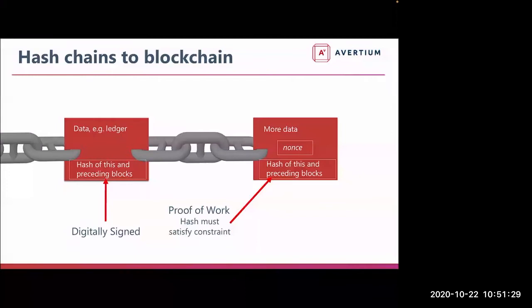Sooner or later, someone will actually come up with a hash that matches the criteria, the proof of work. And when they do, they win, okay? They get to put that hash value in as the hash value for this block, representing the cumulative hashes that came up from preceding blocks, plus the data that's in this block, and they've now got it done. And then everyone else who's been working just throws everything away.